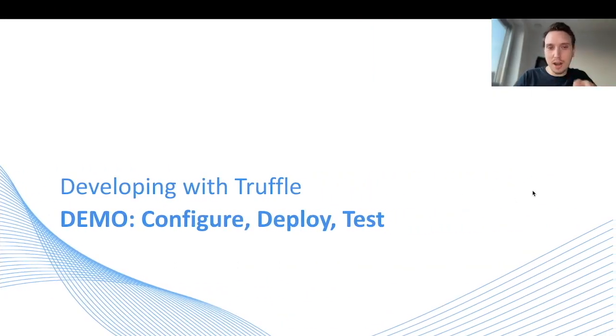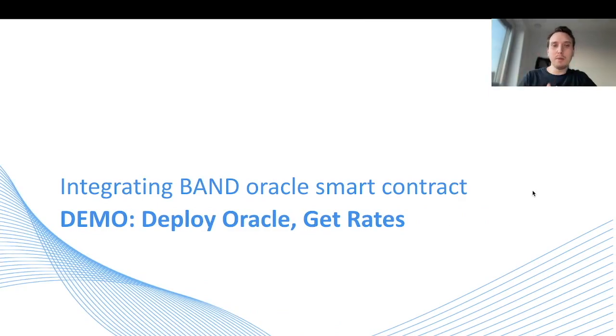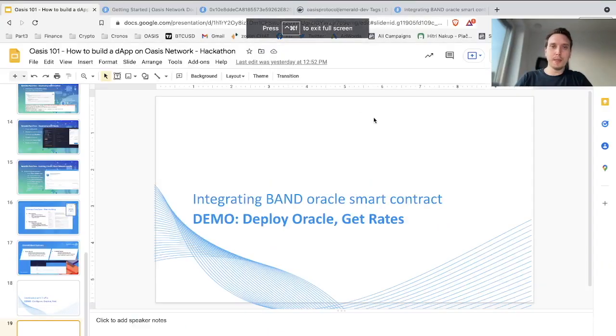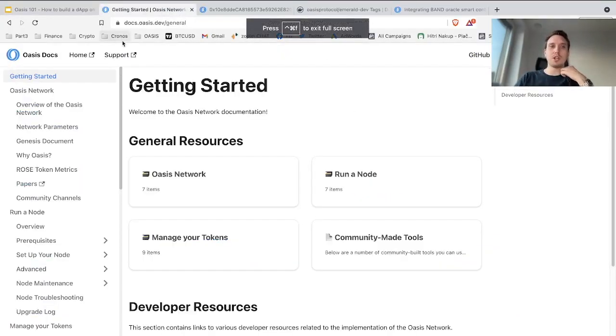So that was Truffle. Now, that will be a demo with Remix. It will be integrating a Band Oracle smart contract, and I want to show you how easy it is to integrate using our template and Band example. So what I will do is just use our docs. Go to docs.oasis.dev.